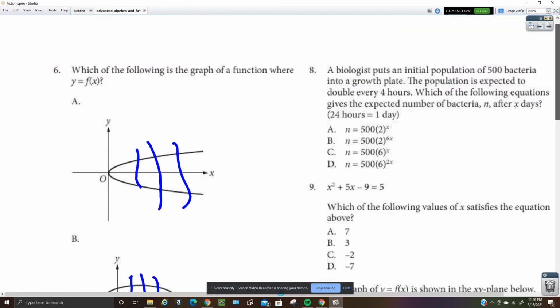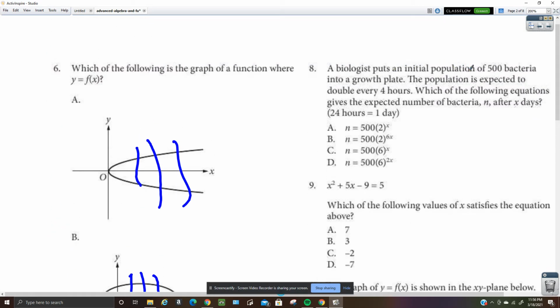And back up to the top here, a biologist puts an initial population of 500 into a growth plate. The population is expected to double every 4 hours. Which of the following equations give the expected number of bacteria after x days? There's 24 hours in a day. So the initial amount is 500, so all these are 500. You can't eliminate any of them.